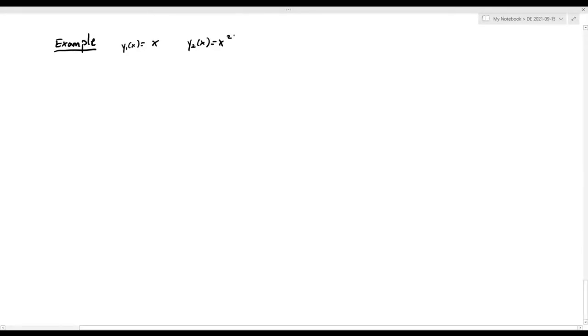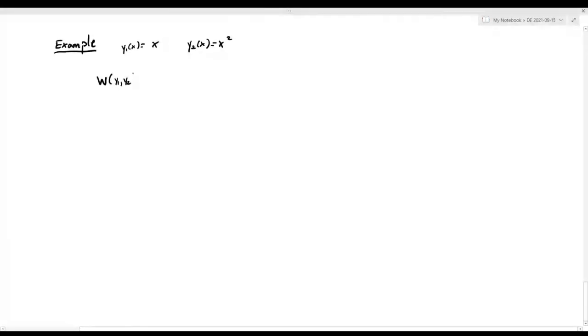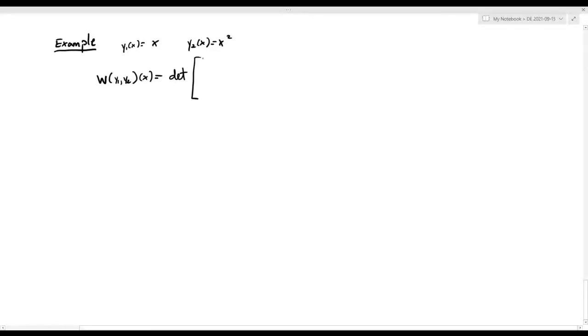And we want to know whether these are linearly independent and on what intervals, right? So we would use the Wronskian as a test. We have y1 and its derivative, y2 and its derivative. Compute the determinant.